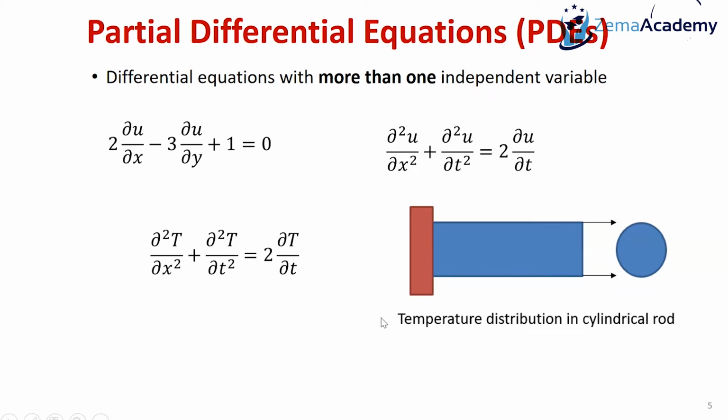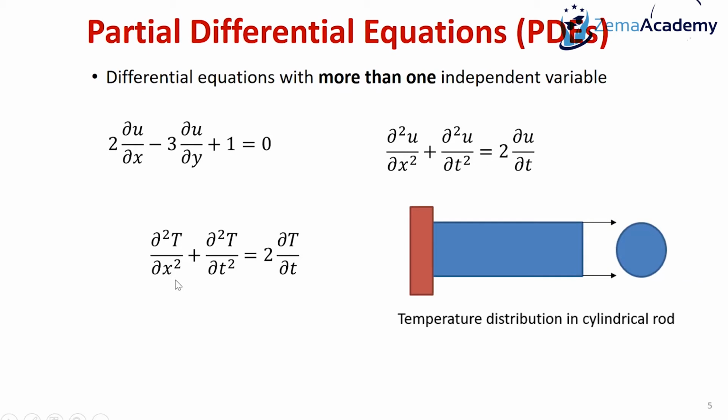What you need to look at in this case is the difference between this equation and the previous one. Here you will see that now your differentiation has to take place with respect to x and with respect to another variable, which is time, or t. So in the denominator, earlier for an ordinary differential equation, it was just one variable.